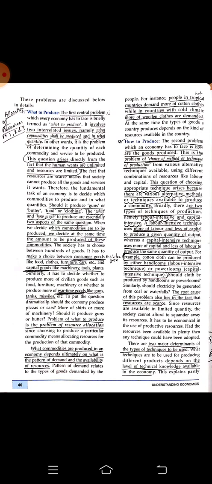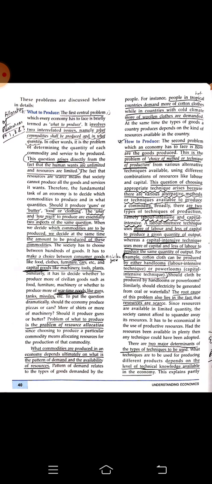Moreover, there are a few more choices, like civilian good or wartime good. The country has to be wise enough to decide how much to produce and which commodity to be produced. Civilian goods, as I told you, are food, furniture, machines, whereas wartime goods means guns, tanks, missiles, all these things. So the problem of what to produce is the problem of resource allocation.